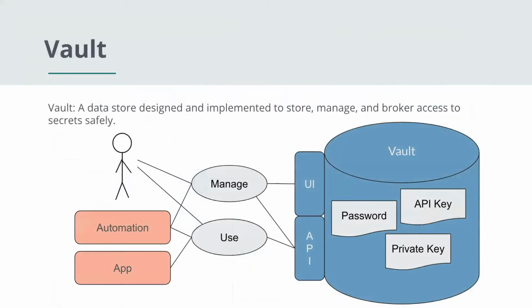Now drilling in, let's define another thing, a vault. A vault is a data store that's specifically designed and implemented to store secrets safely and then broker access to those secrets via an API, hopefully. A lot of the classic vaults and hardware security modules seem to be geared towards a user, a person, accessing them, and there's a whole class of products called privileged access management products.